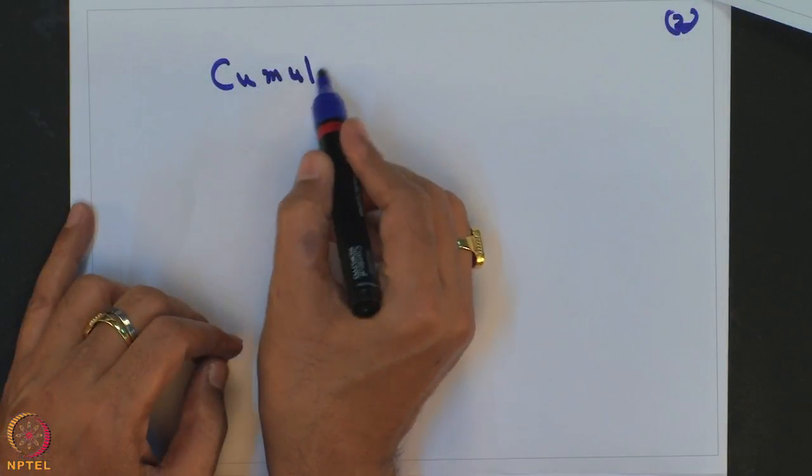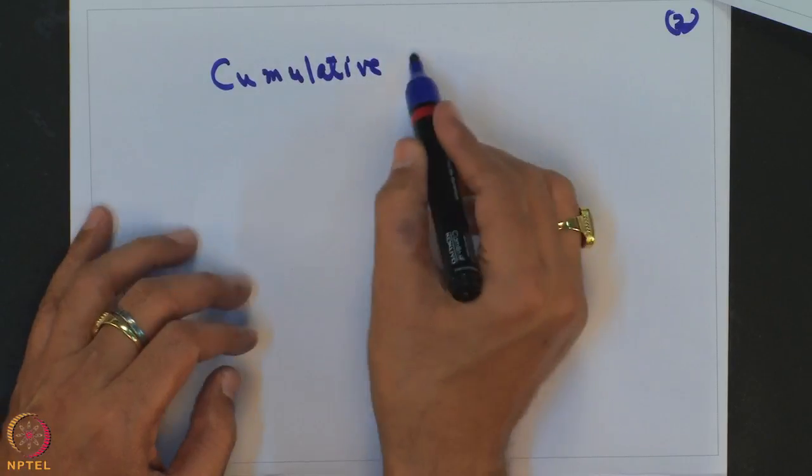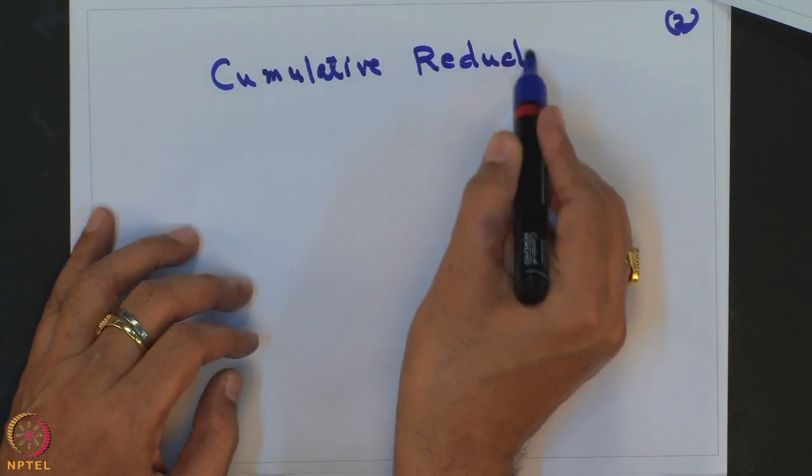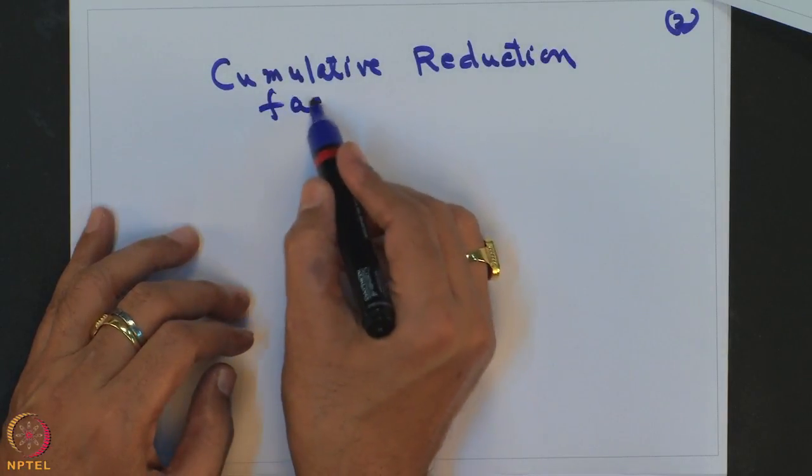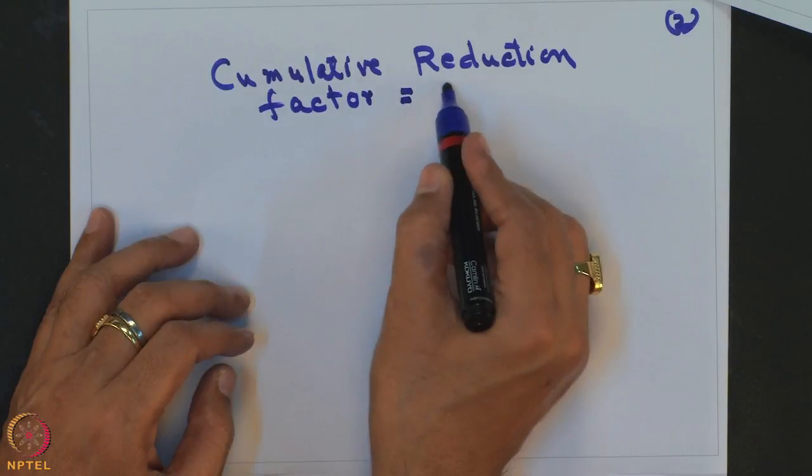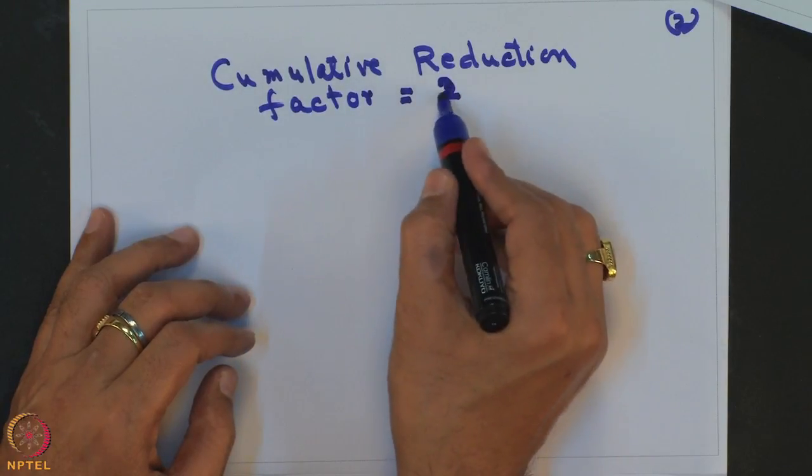Now, here you have to calculate the cumulative reduction factor. Let us say that the cumulative reduction factor is equal to 2.